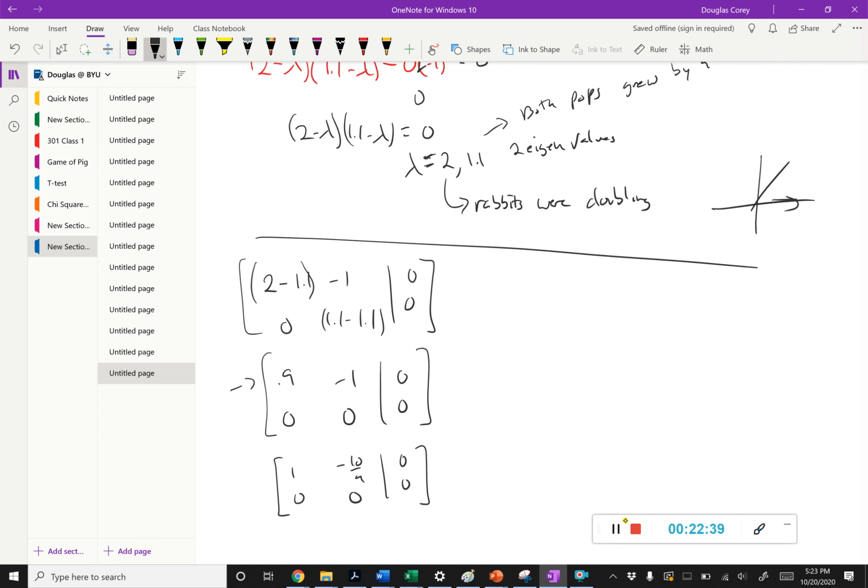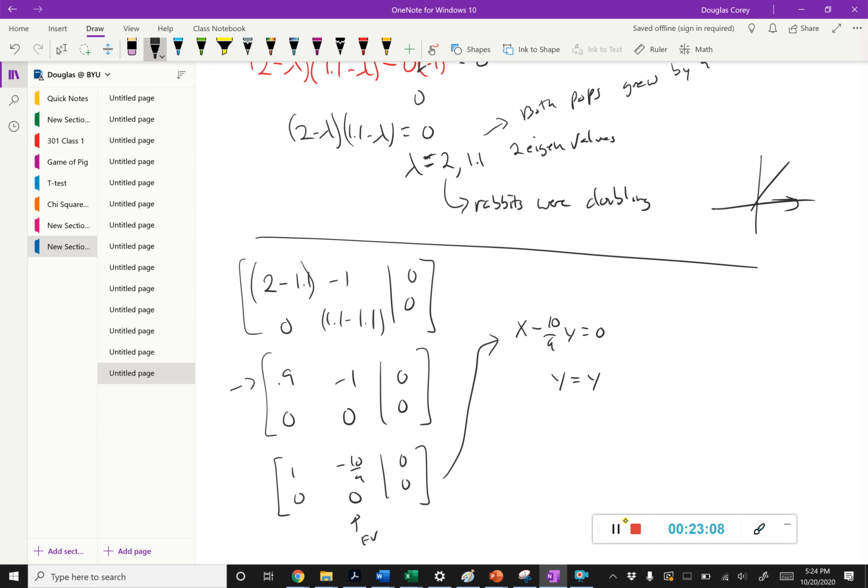Now I can figure out the solution to the system. Here I have x minus 10/9 y equals 0, and I also have y equals y. I have one free variable here, right? You better have a free variable when you do this, otherwise you don't have the right eigenvalue.